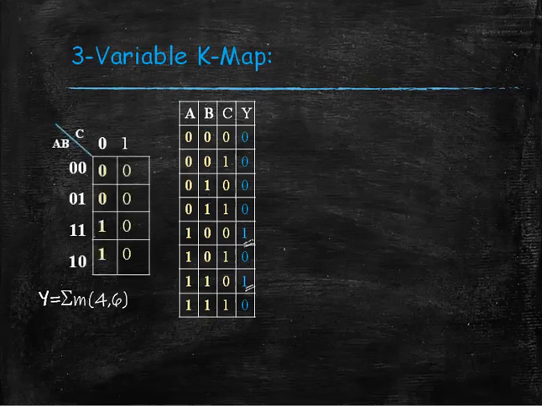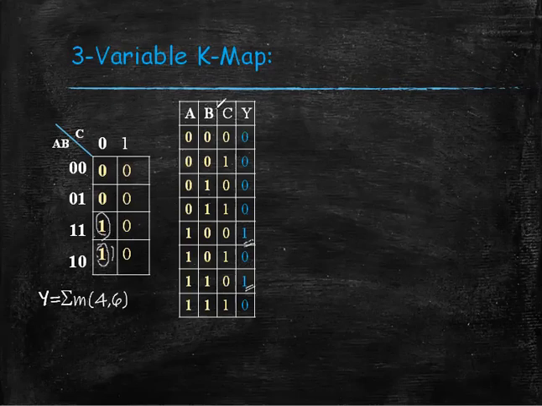Looking at the K-map, here are two ones. It is the position of 4, that is 1 0 0, and it is the position of 1 1 0, that is equal to 6.